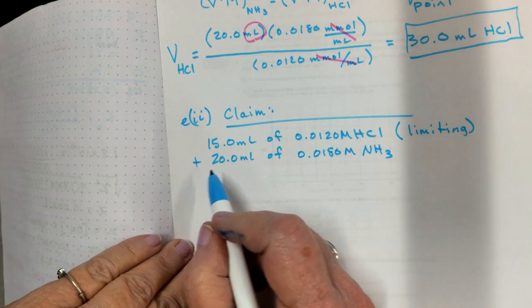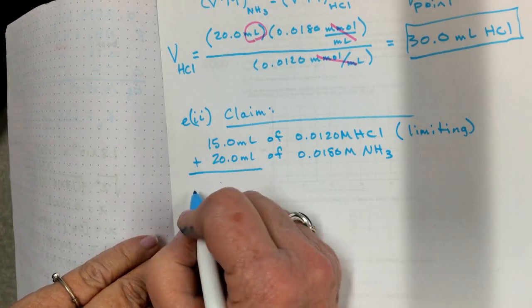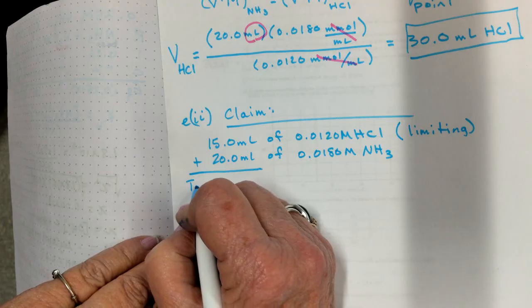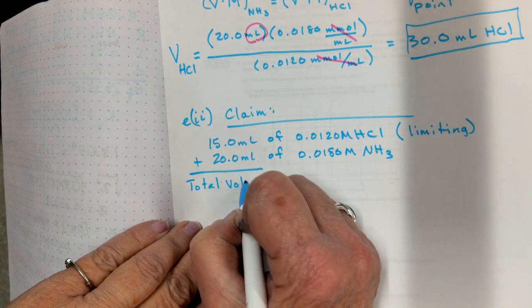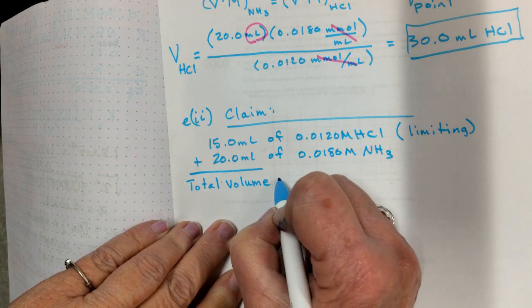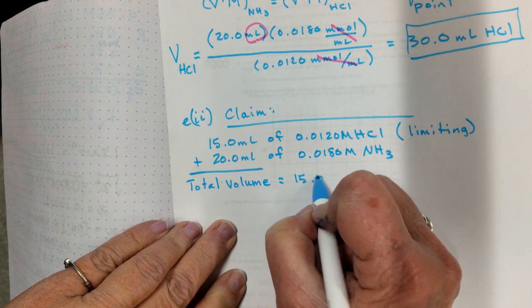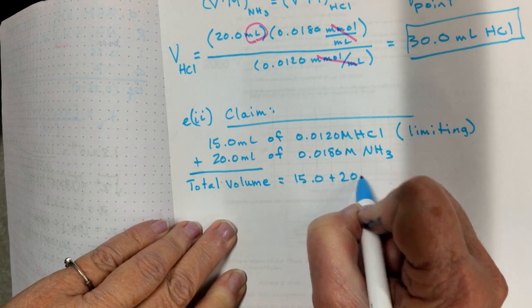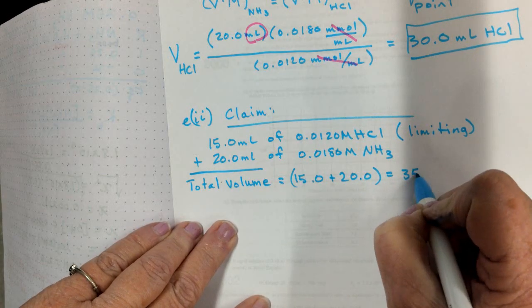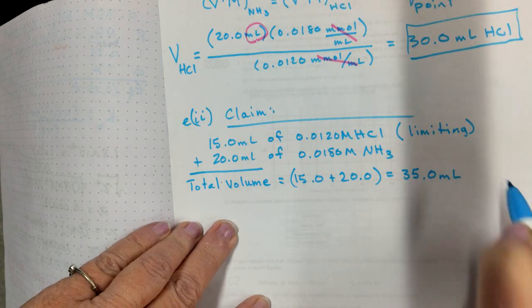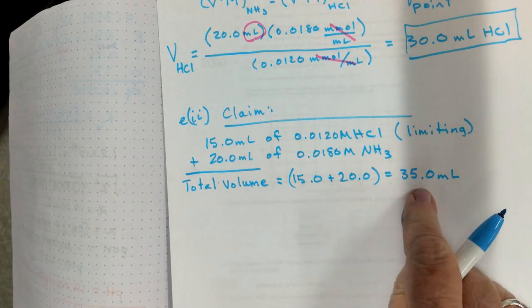So what we have to do is we get our total volume. That's why they say assume volumes are additive. So the total volume after I mix them is 15 plus 20, which is 35 milliliters. Whatever's left over now has this volume.